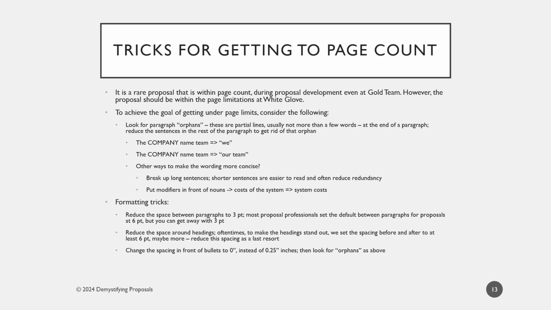And then you can change the spacing in front of bullets so that they're all the way at the left margin. The default is usually 0.25, so think about moving your bullets over. And then, of course, look for those orphans, the same as you do on the paragraphs when it comes to bullets, and try to reduce the length of the bullet so that it wraps into a shorter number of rows.